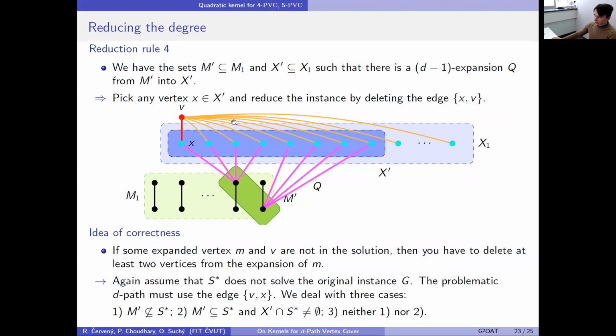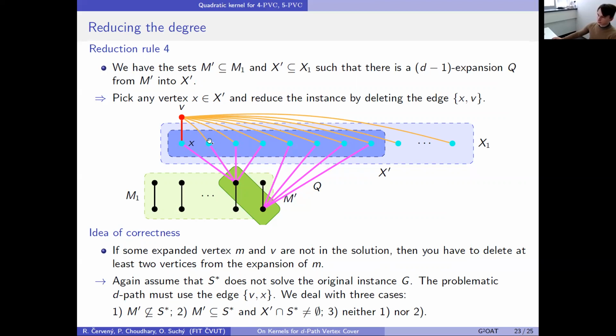If you look, for example, at this vertex, its expansion and how it connects to V, you can find many 4 paths or 5 paths formed in between just these vertices. For example, this right here is a 4 path.